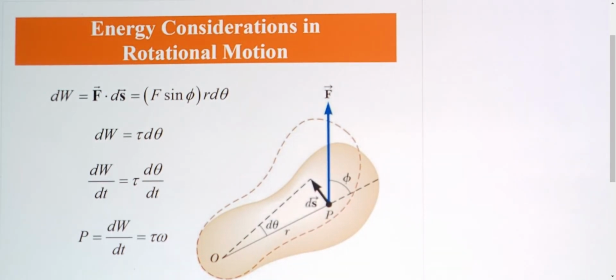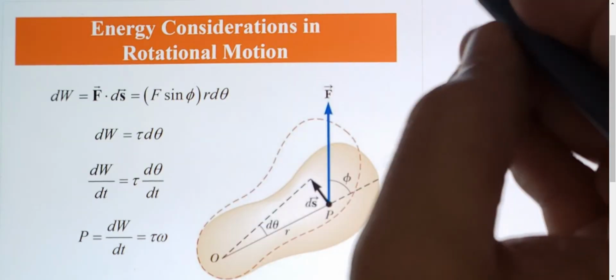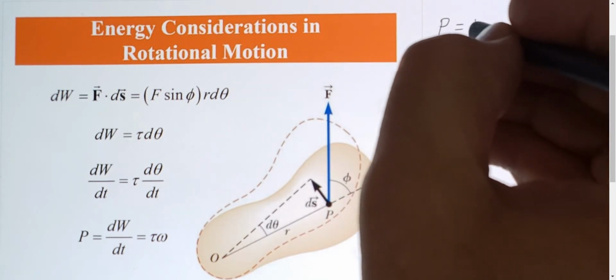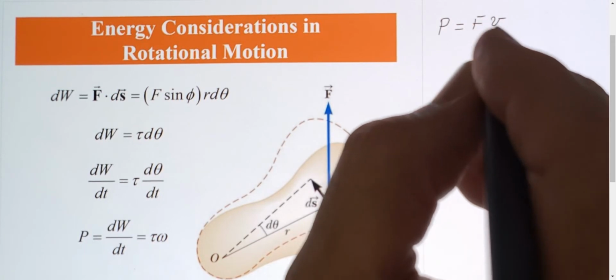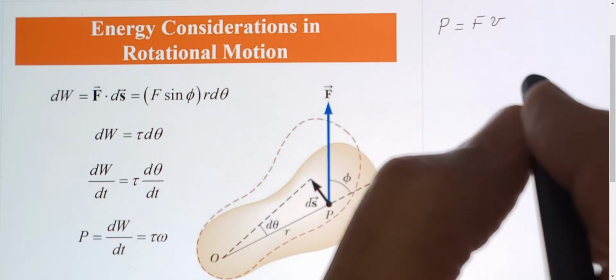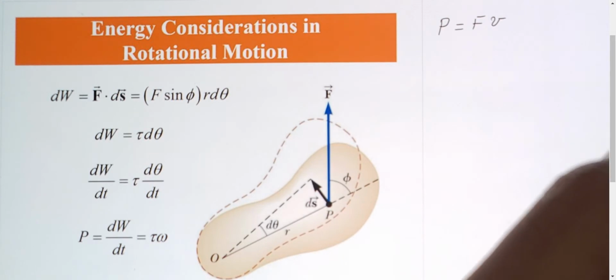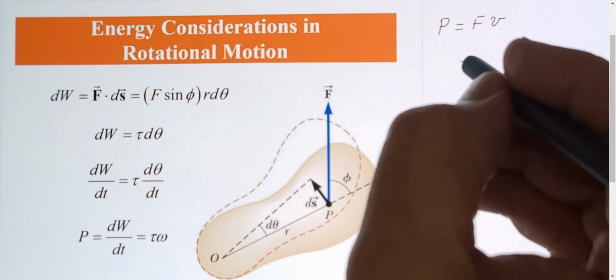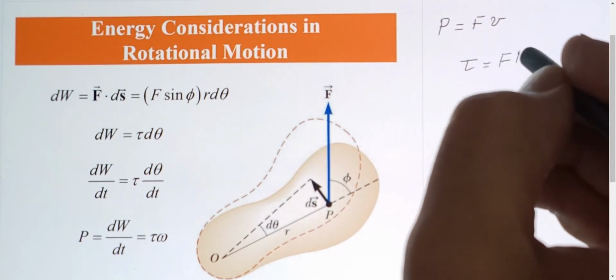What is power with torque in angular motion? Well, let me recall. Power in linear motion was Fv, the force multiplied by the speed of the linear motion. Now, I know that torque is equal to F R sine theta.